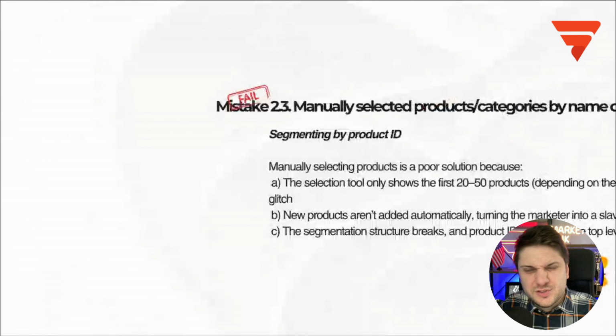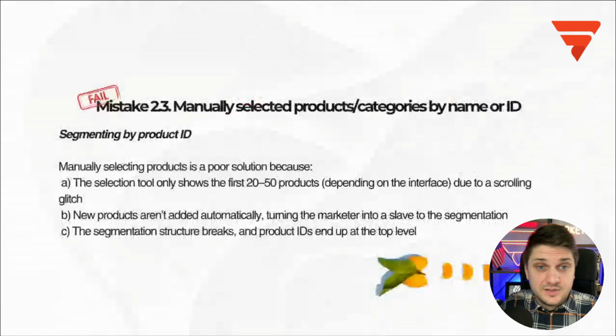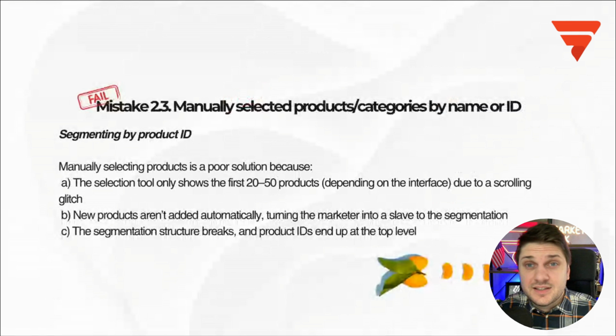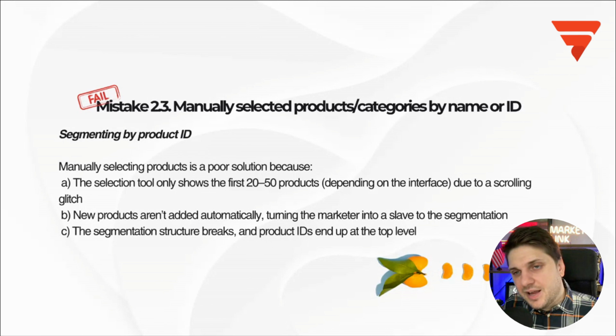This is the third type of mistake that I sometimes see in campaigns: manual segmenting by product ID, product title, product name, or some other ID.